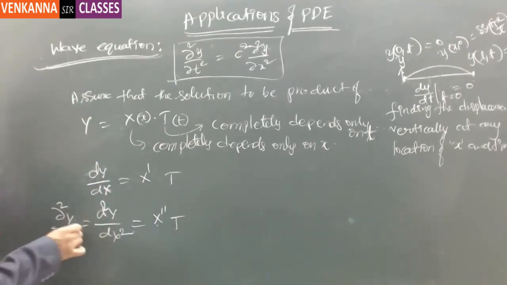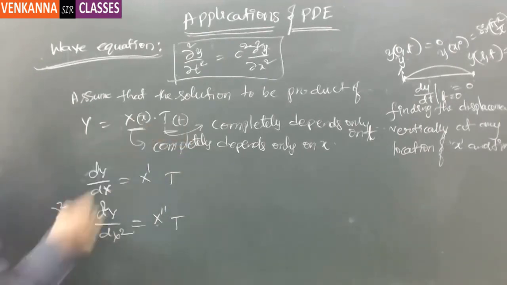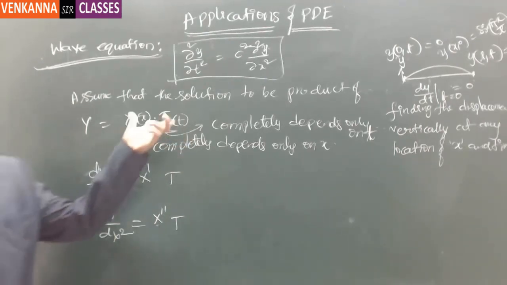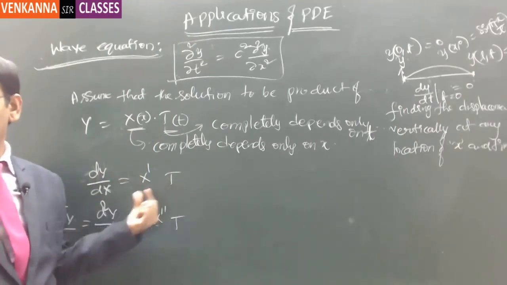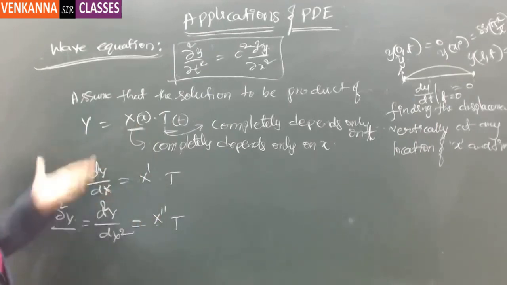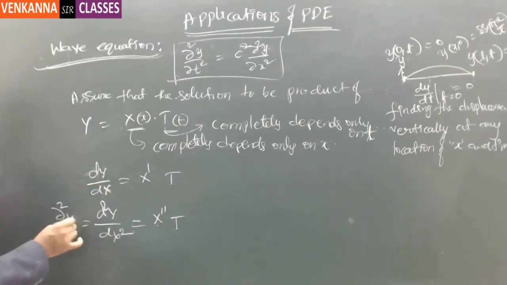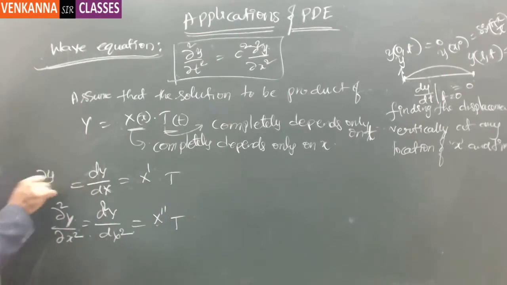It will not make any difference, because this is completely dependent on x. For all practical purposes, when you are taking the derivative with respect to x, you can treat T as independent, and when you are taking the derivative with respect to t, you have to treat X as independent. So dou square y by dou x square is equal to X double dash into T, and dou y by dou x is equal to X dash into T.